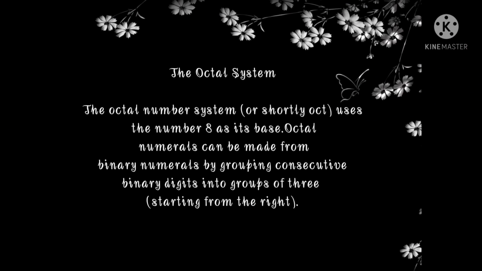Octal number system. The octal number system, or OCT for short, uses the number 8 as its base. Octal numerals can be made from binary numbers by grouping consecutive binary digits into groups of 3, starting from the right.